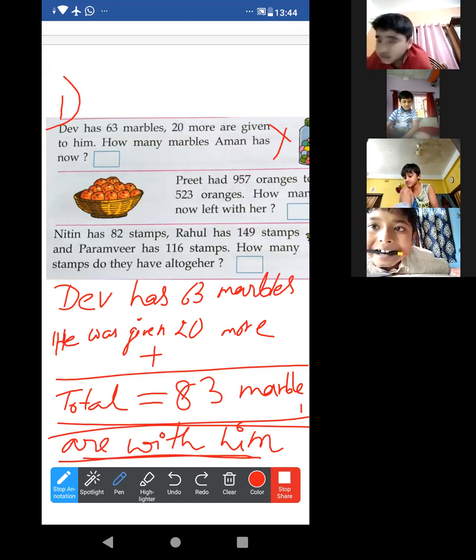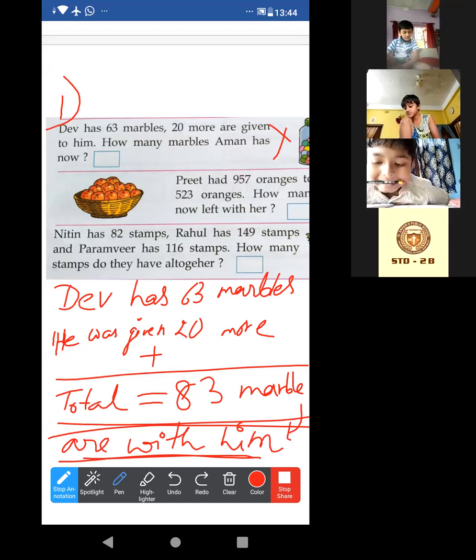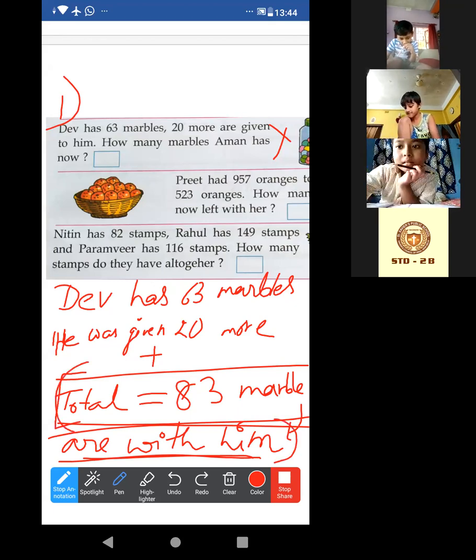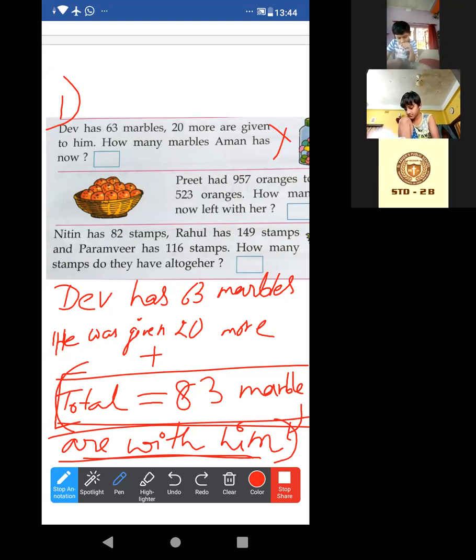As there is no space, I have written over there. You should write this answer, this bracket part, in one line. Total is equal to 83 marbles are with him. Completed this one? Show me your copy if you have completed.